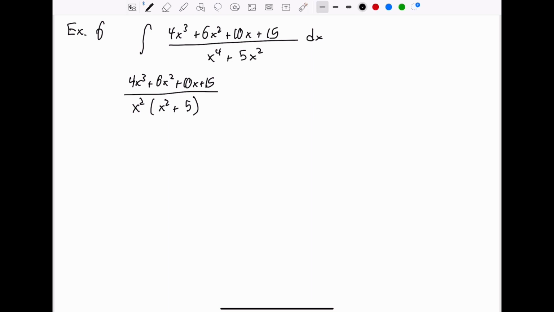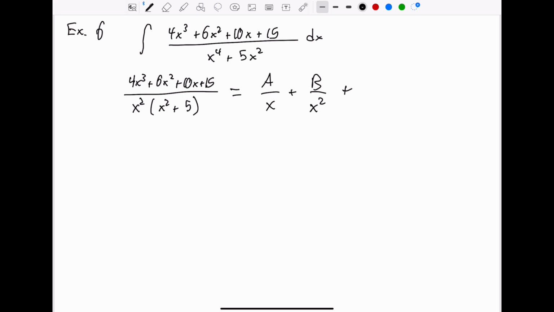Now let's write the form of the decomposition. For the repeated linear factor, I get two fractions, a divided by x plus b divided by x squared. Notice, even though I have an x squared in the denominator, because it's a repeated linear, I still only have a single constant in the numerator. I do not have bx plus c. The x squared is a repeated linear.